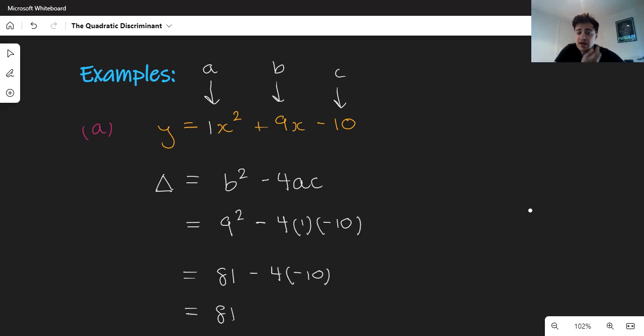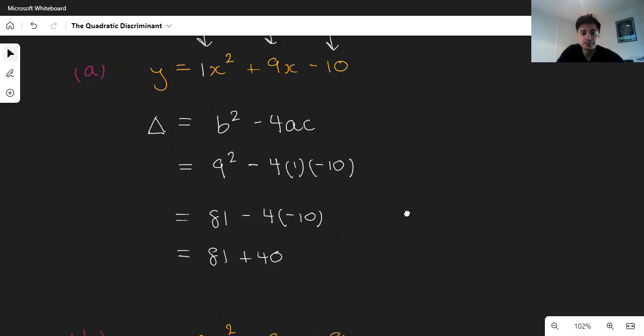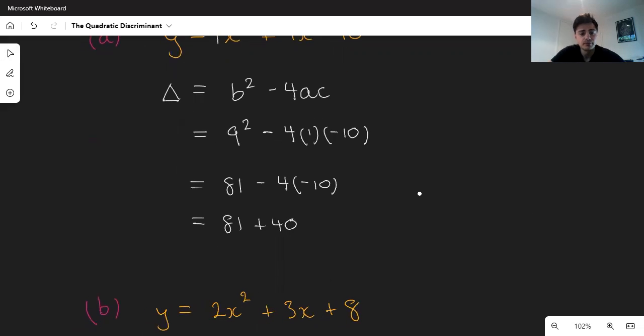So that leaves us with 81 minus 4 times negative 10. So negative 10 times 4 gives us negative 40, but it becomes a plus 40 because of the negative and a negative. So 81 plus 40 is 121.